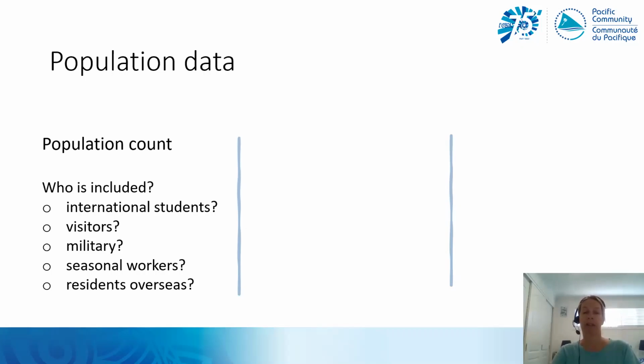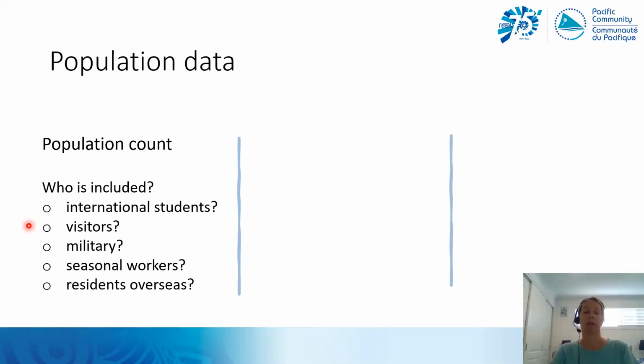Is it everyone that's in the country on a certain day? Or is it related to how people perceive their residency, or which is their home country? So some common groups might be included or excluded depending on the purpose. People like international students who might be in your country for up to 3 or 4 years, but they would go home for their holidays.